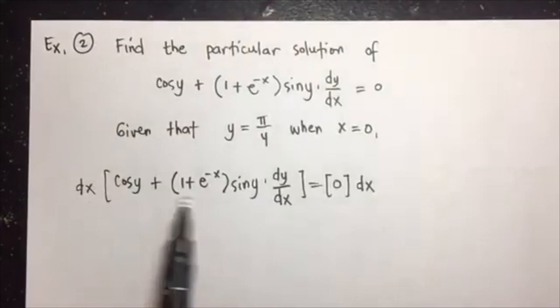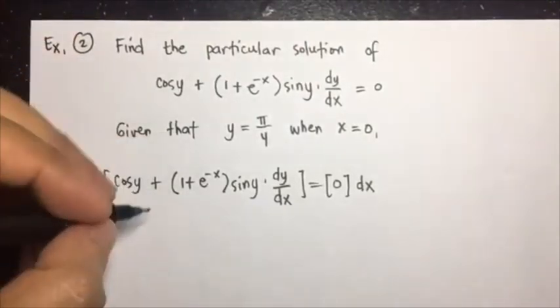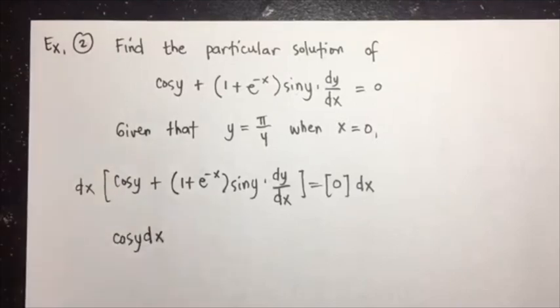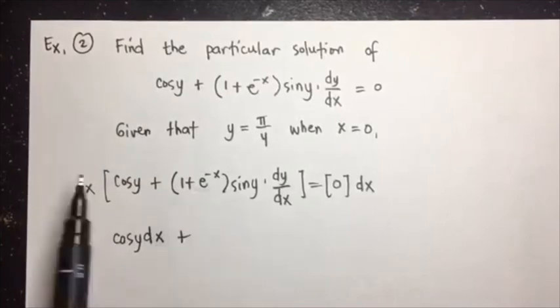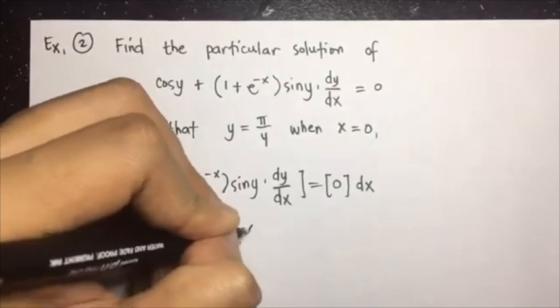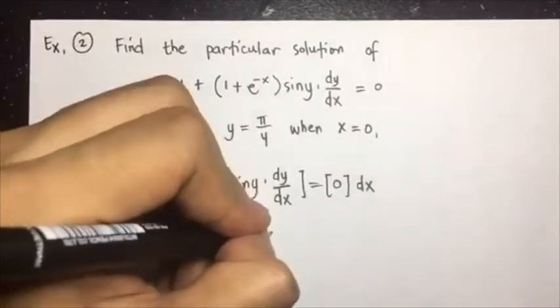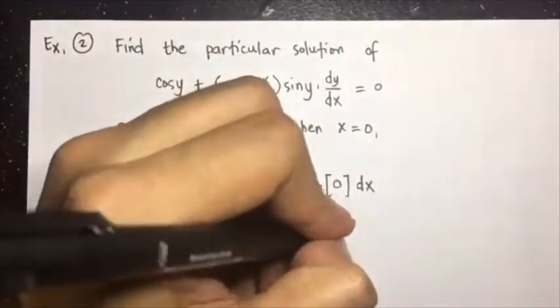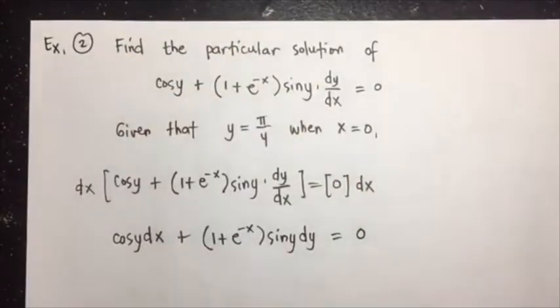If we multiply by dx, this will become cosine of y dx plus, if we distribute dx, dx will cancel out, so this will become 1 plus e to the negative x sine of y dy is equal to 0.